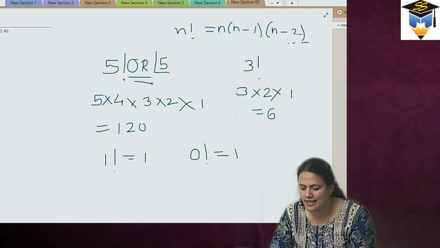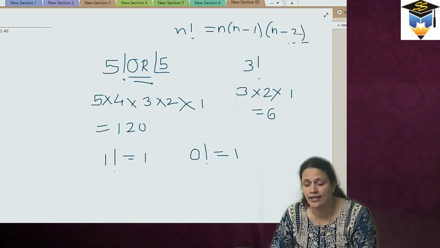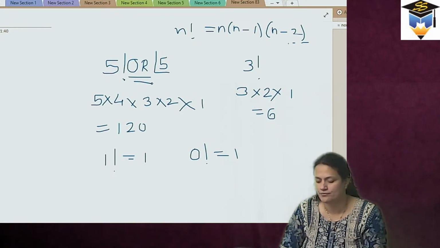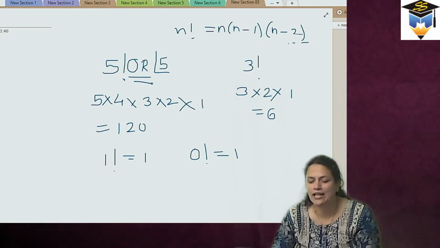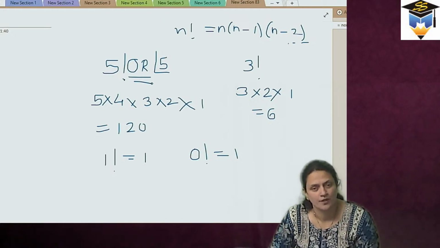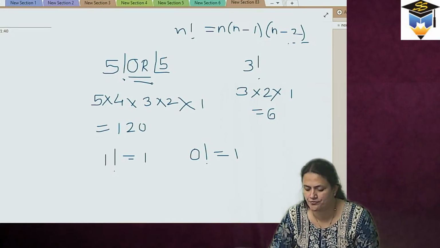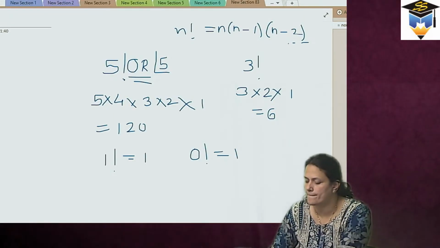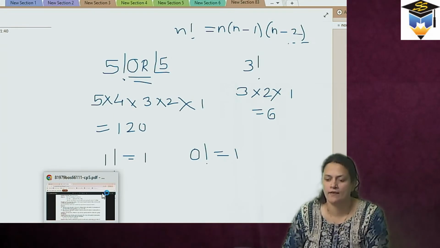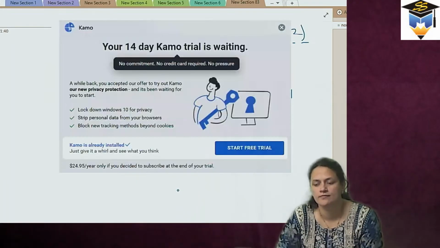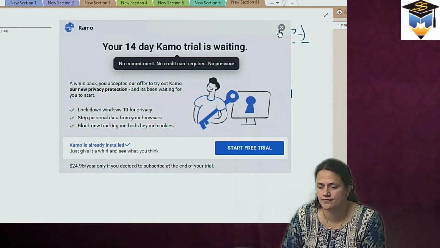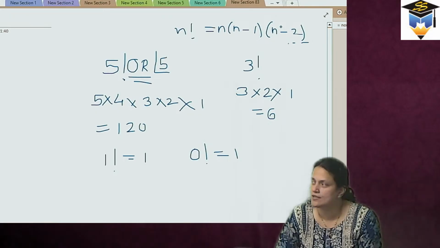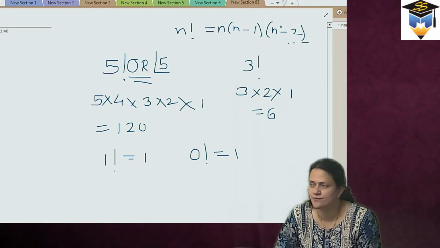Remember, in this case, 0 factorial can never be equal to, it can never be equal to 0. So write down all these values, they are important.